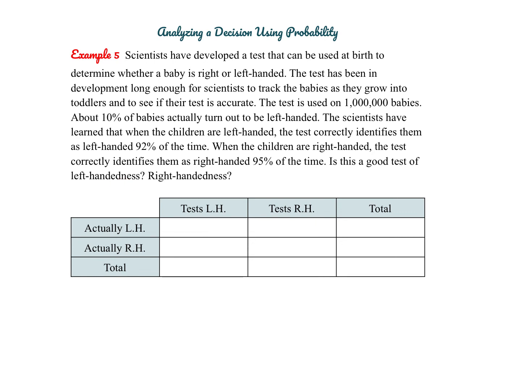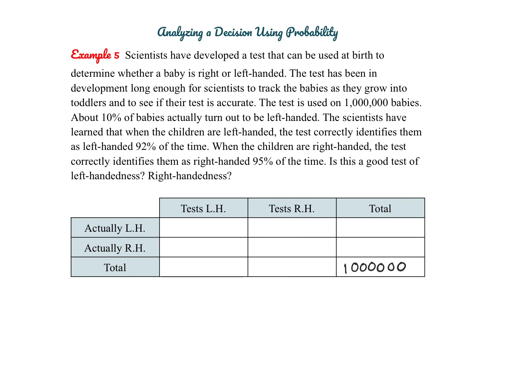So at first glance, you might see these two numbers. You say, oh, well, it works 92% of the time for left-handed and 95% of the time for right-handed. This is pretty good. But you need to look at the context of those percentages. So here, one way we can kind of break it down a little more is by filling out a two-way table of data. So there are 1 million babies or children in this study.